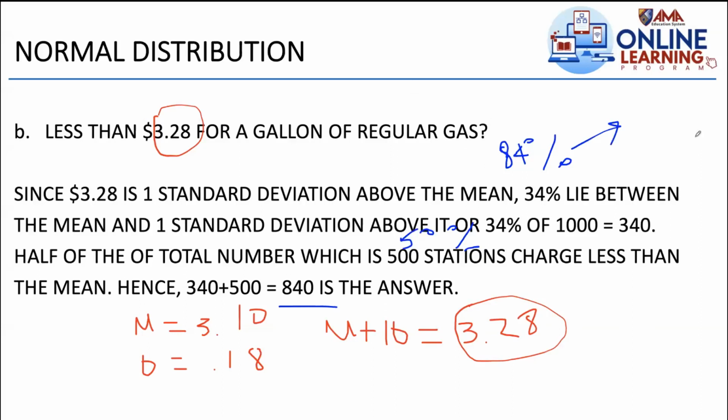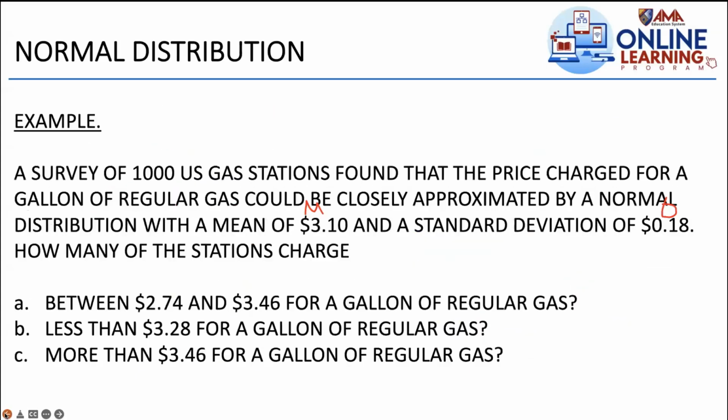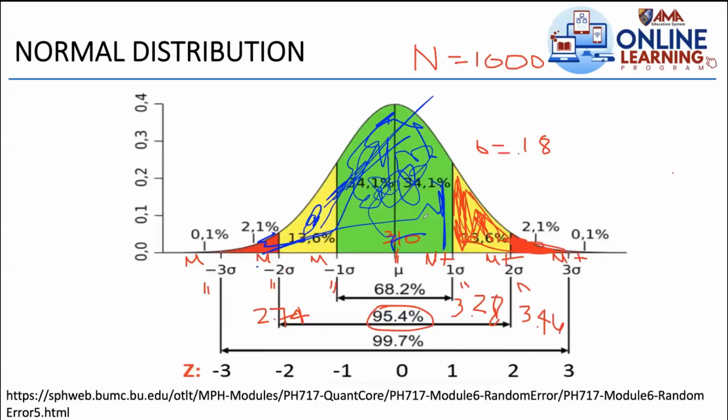Okay. Now, if I want to add another problem, for example, I want to answer the problem wherein more than 3.28, that's the one I consider, the other shade, the red. So 100% minus 84%, 16%. So that red here is 16, because if this is 84, the whole thing is 100. So 16% of 1,000 is 160.